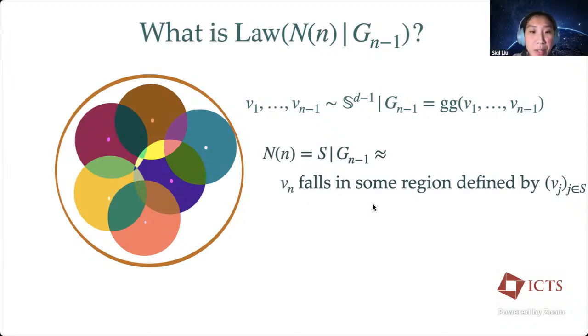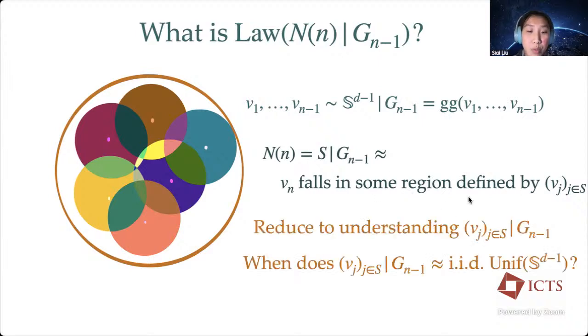And we know that the area or the volume of this shape primarily depends on the location of these Vj for all j in S. Of course, it also depends on the location of all the Vi that are not in S, but that dependency is very tiny. So primarily, we just need to look at, for a small subset S, what the distribution of Vj for j in S would look like in this conditional distribution.